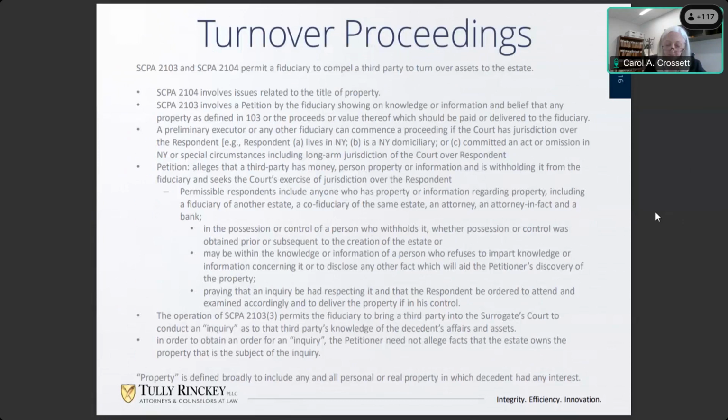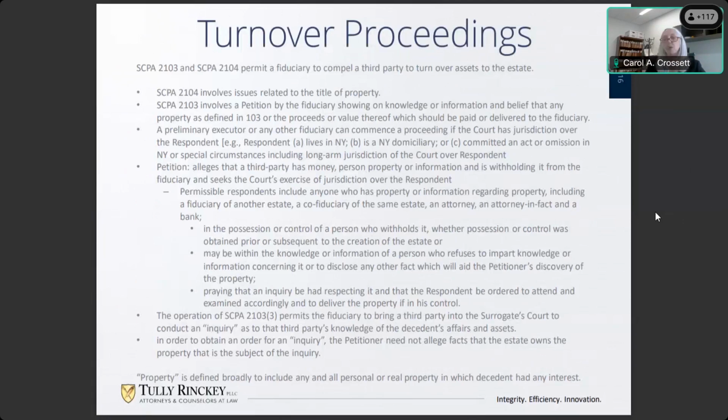The court has jurisdiction if that respondent is a domiciliary, meaning they live in New York, or they committed an act or omission in New York, or there are special circumstances sometimes requiring the application of long-arm jurisdiction. If long-arm jurisdiction does apply, the court can have jurisdiction over the respondent.